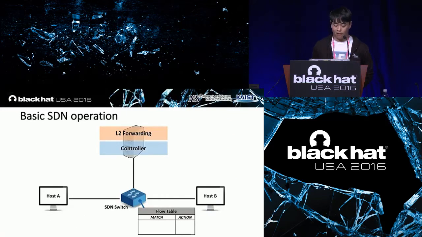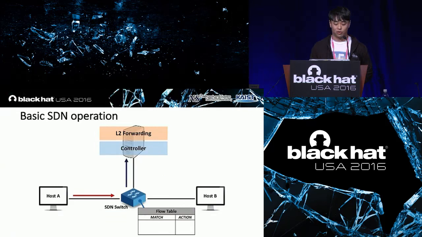So here we have a very simple network topology with one SDN switch and two network hosts. And the switch is connected to an SDN controller. In this network, if host A wants to talk to host B, the switch doesn't know what to do with the packet received from host A because it doesn't have its own control plane anymore.